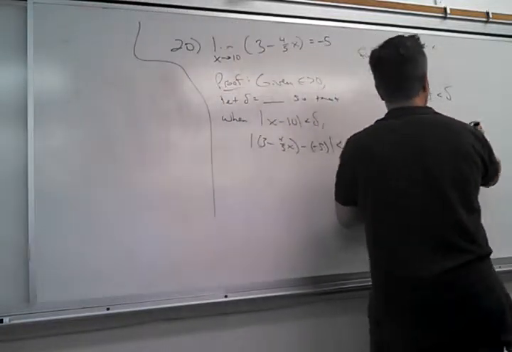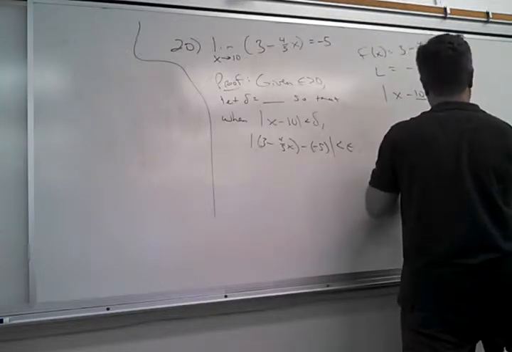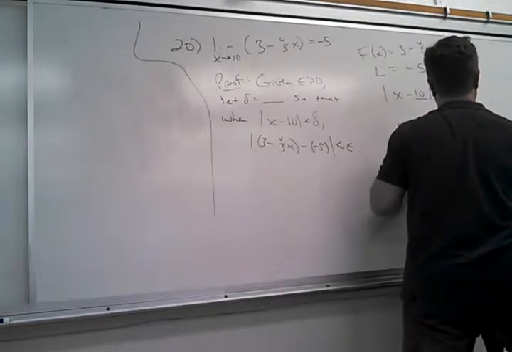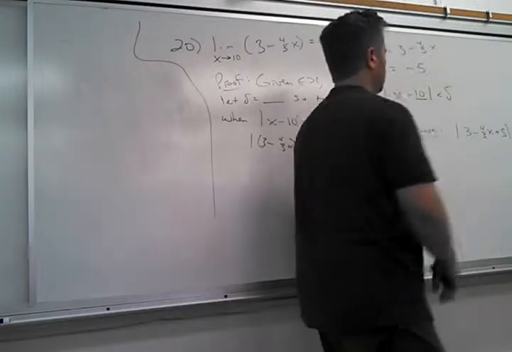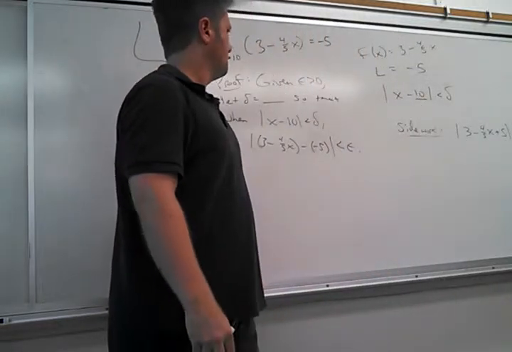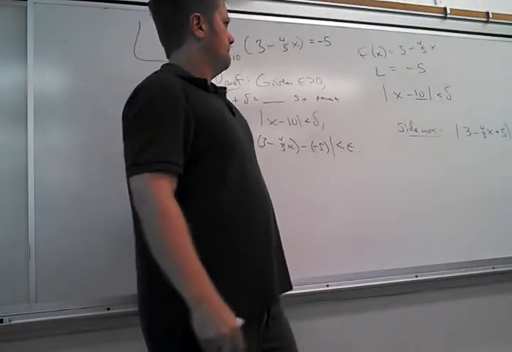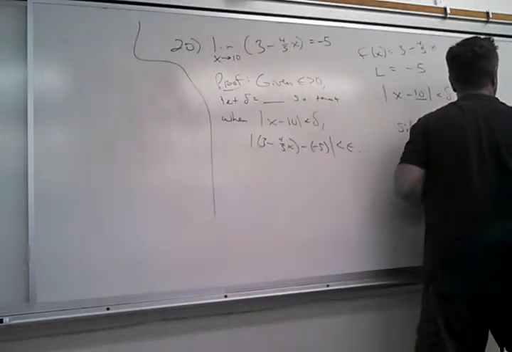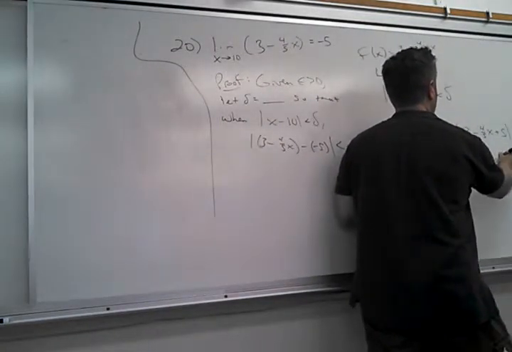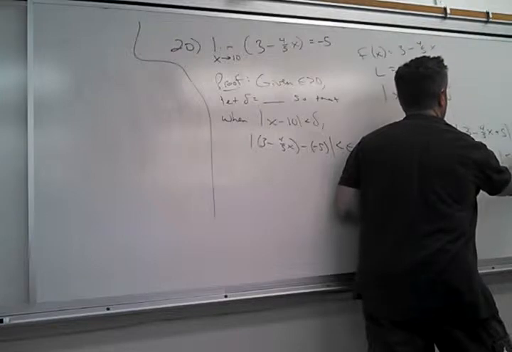So here, if I start with where I want to end up, that's a plus 5. So what's the next thing I can do in there? 3 plus 5. I love it. So I got 8 minus 4/5 x less than epsilon.